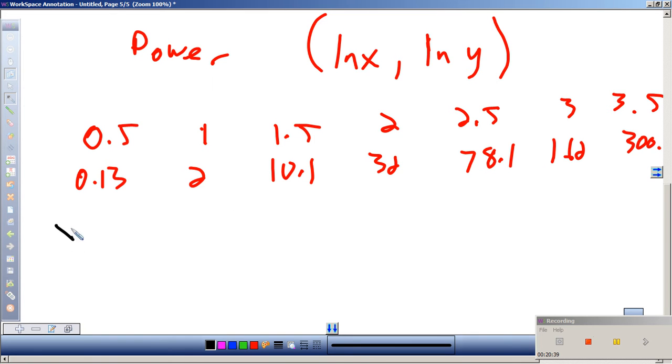So what we're going to do is this symbol. We call it X hat. X is wearing a hat.